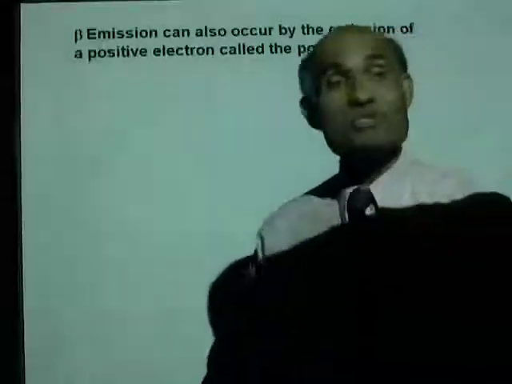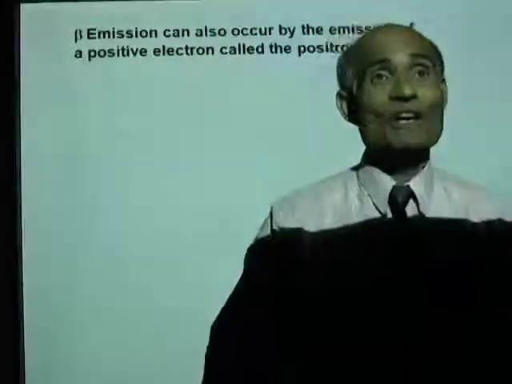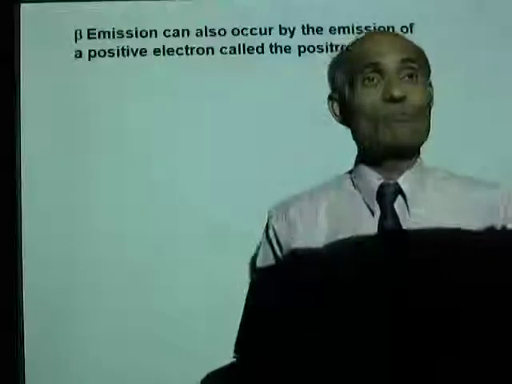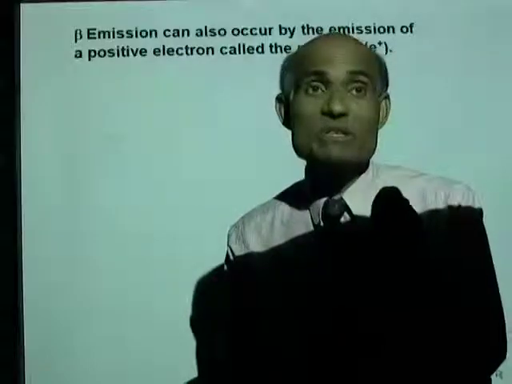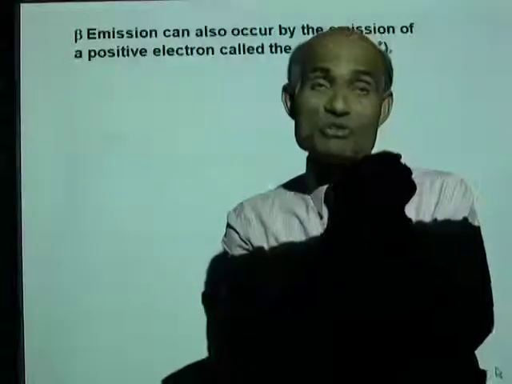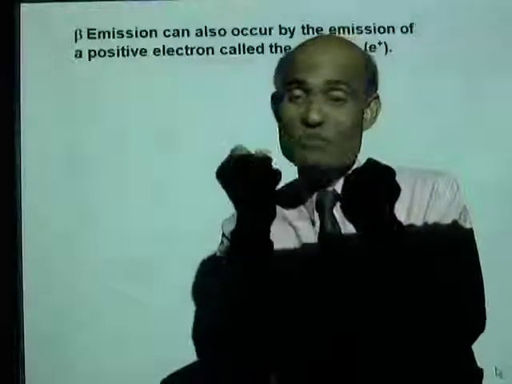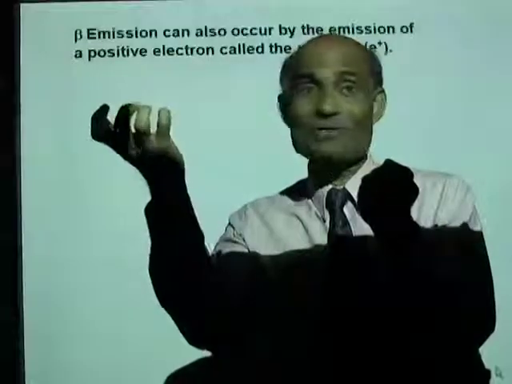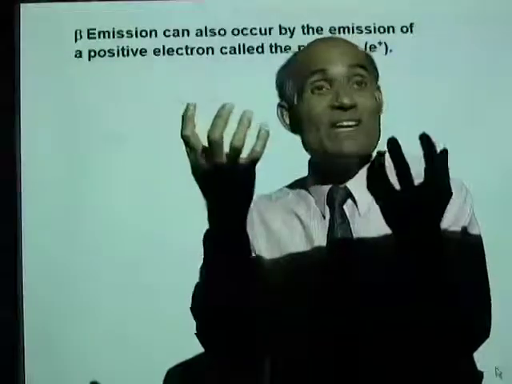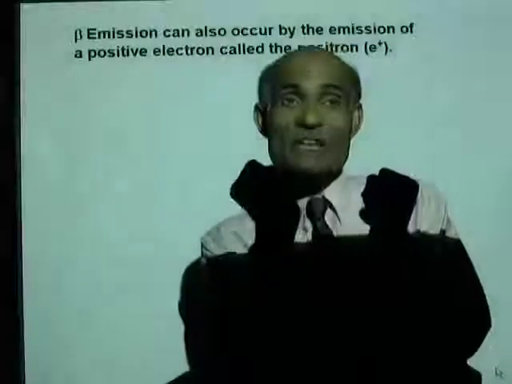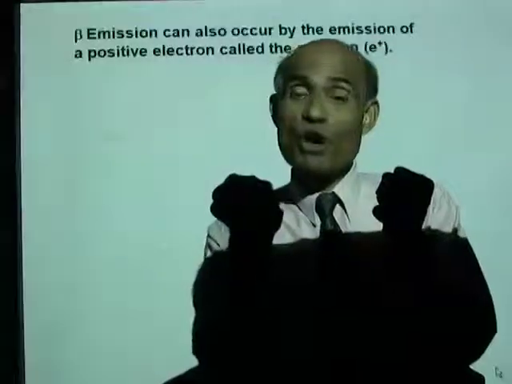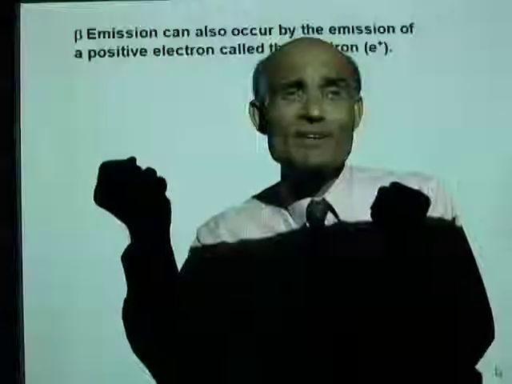Now, beta emission can also occur in another form. You see, a negative beta is emitted when a neutron degenerates into a proton and an electron. In a similar way, a proton can degenerate into a neutron and what?